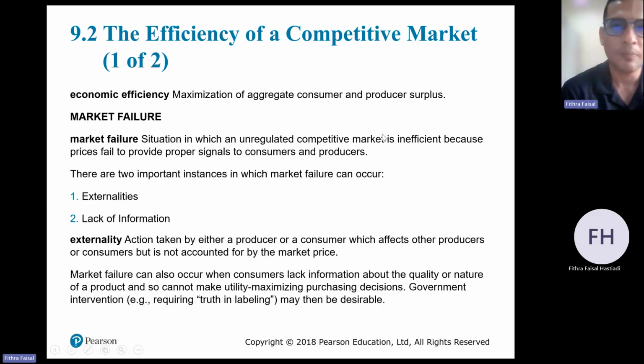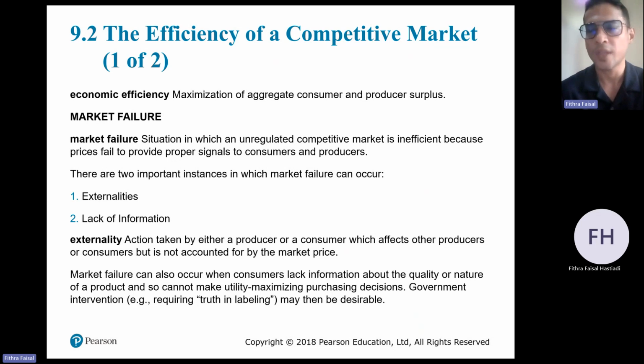Okay, the second part is the efficiency of the competitive market. As we already learned, the economy can suffer from the loss, the deadweight loss, which is actually the market failure. The market failure itself is a consequence of these two attributes: externalities and lack of information.